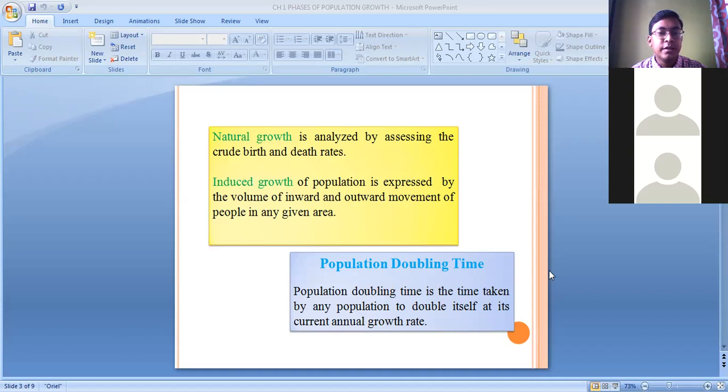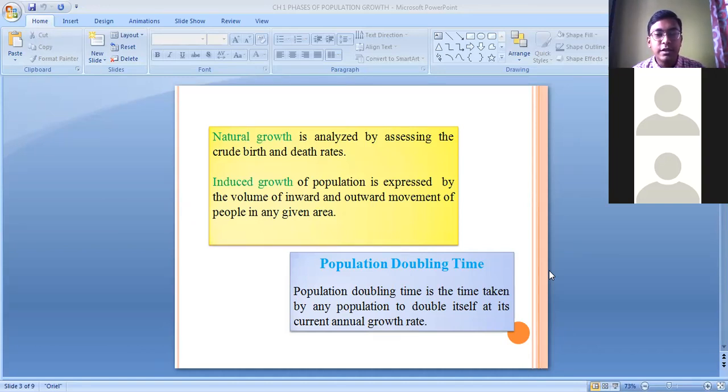See, natural growth of population is basically the increase in the population which takes place because of the birth rate and the death rate. When the population increases mainly because of birth rate and death rate, that is known as the natural growth of population. Suppose we take an example.